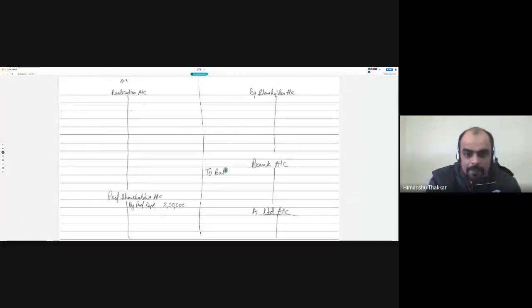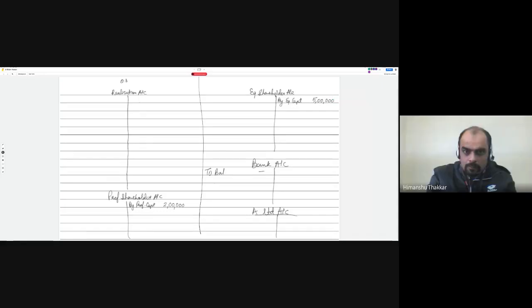If bank is taken, then there won't be any balance. So no balance. Bank is also taken by A Limited. Equity shareholders will have some balance. So that is equity capital transferred to equity shareholders account. Equity capital 5 lakh.